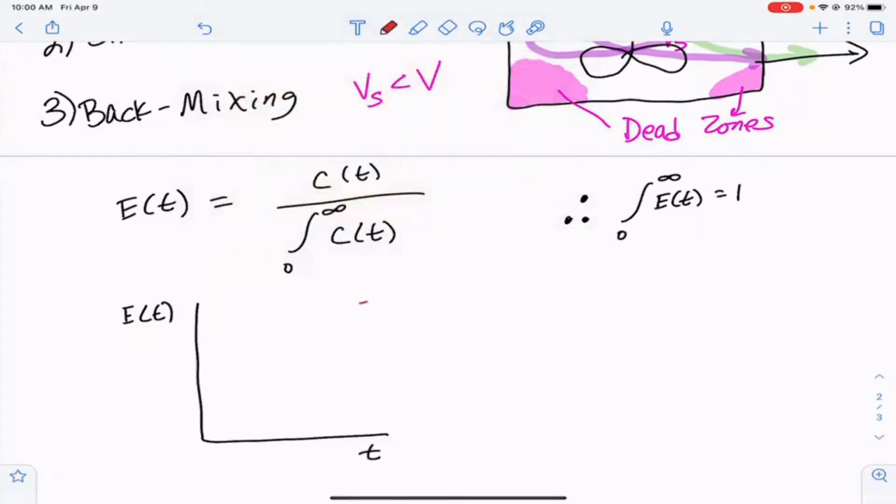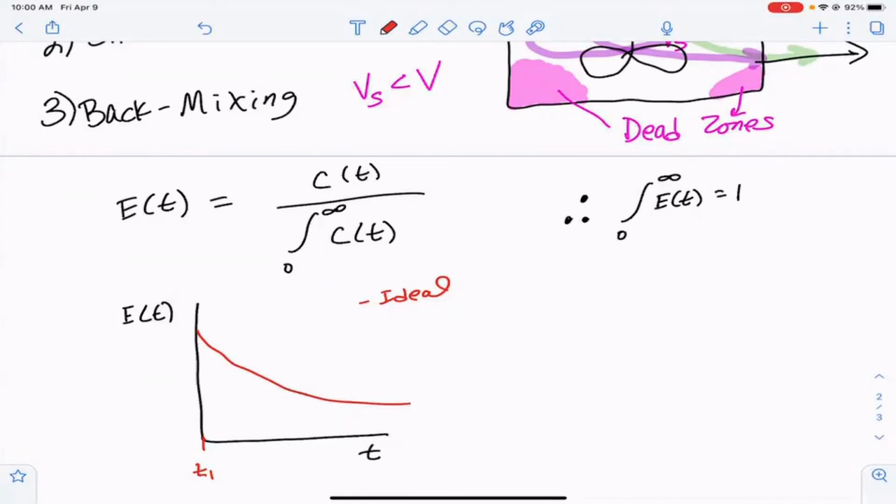I'll draw one line, I'll call it the ideal case. And remember above, right, that some concentration enters right at the beginning, right? So if we started this plot at T1, so you would measure some concentration at the beginning, and then you're dividing that over the integral from 0 to infinity. And so you get a response that actually looks kind of like this.